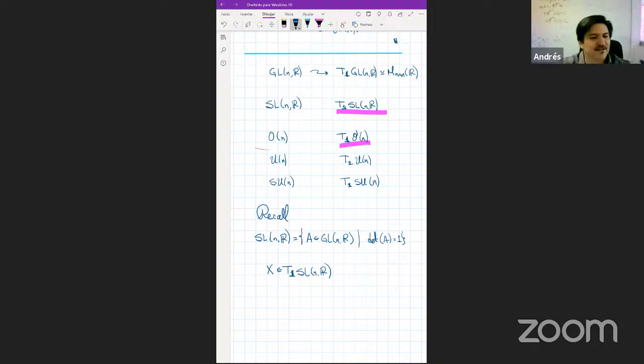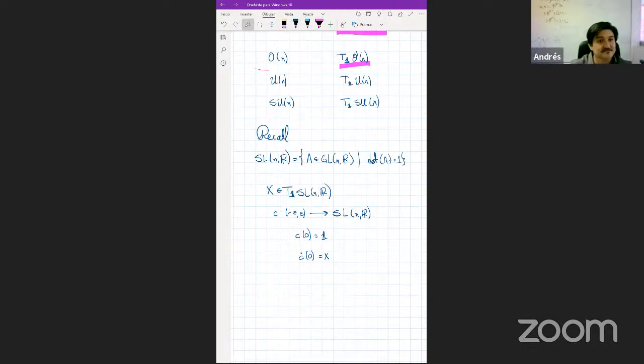Then we know that any vector, we can write it as a curve. This is a curve in the group, such that at 0 is the identity, and the differential at 0 is x. Okay? So far, so good?